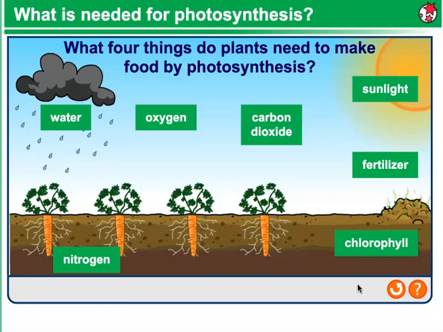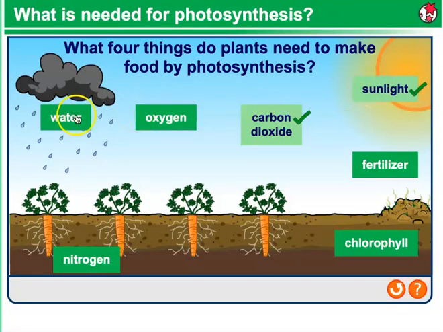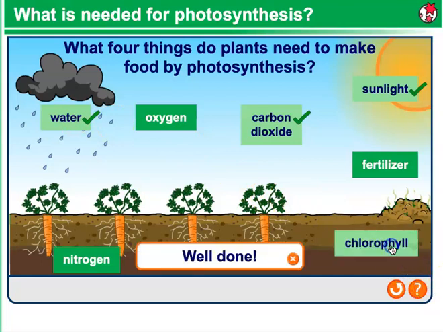So what is needed for photosynthesis? The four things that plants need to make food by photosynthesis: carbon dioxide, sunlight, water, and chlorophyll.